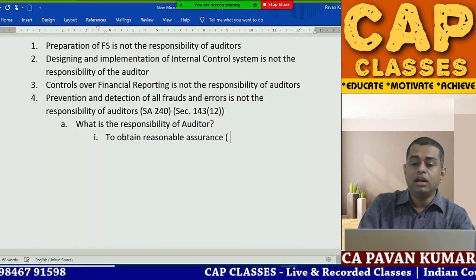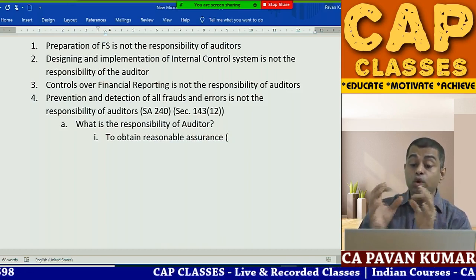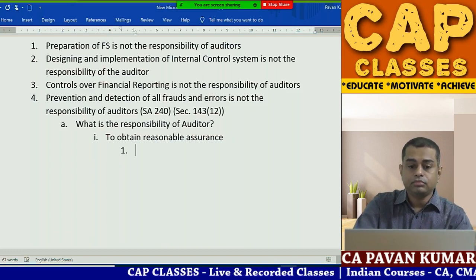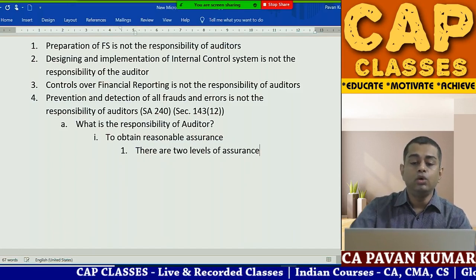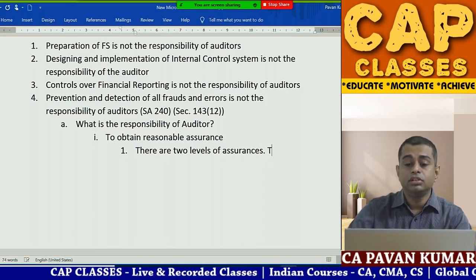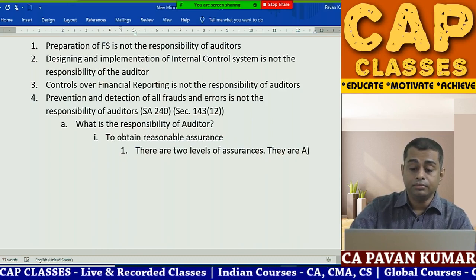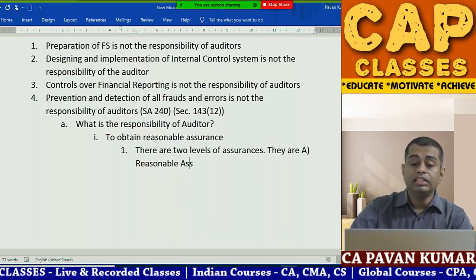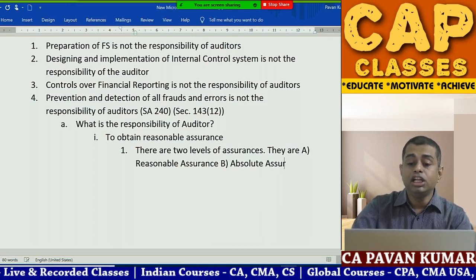In brackets write down. There are 2 levels of assurances. They are A, reasonable assurance. B, absolute assurance.